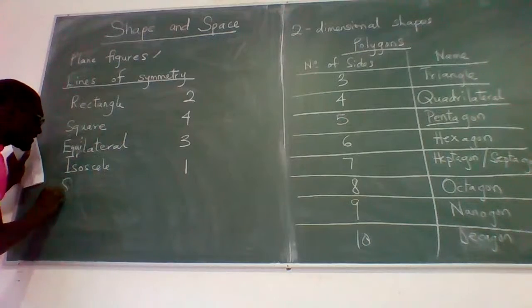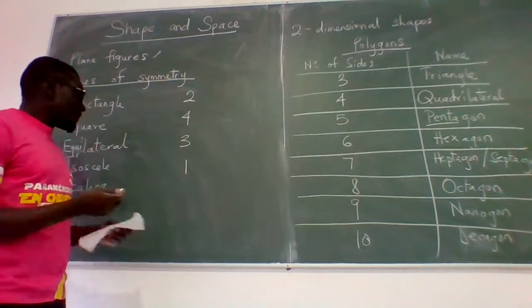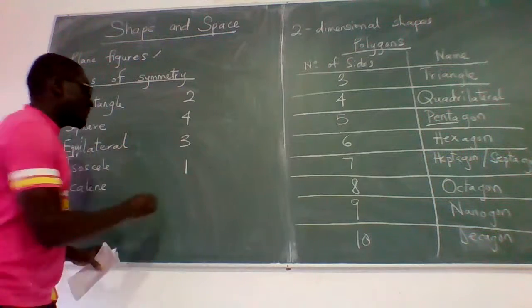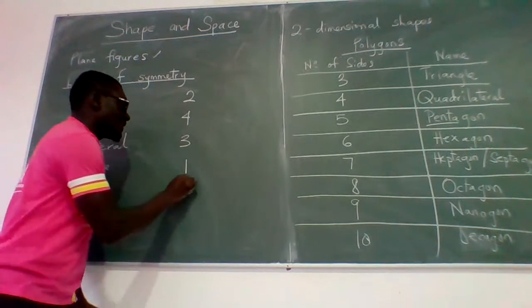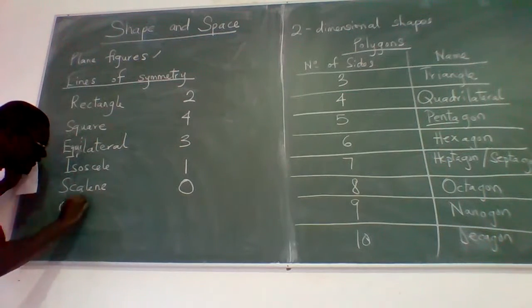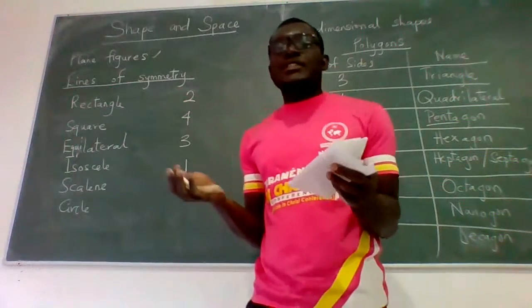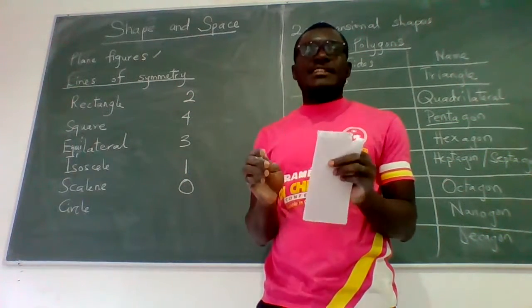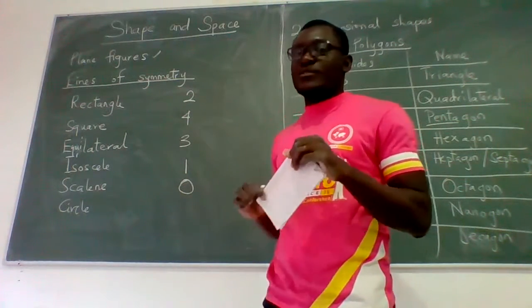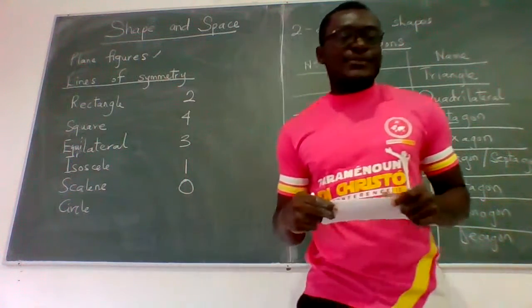And when you take the scalene, which has no sides equal to another side, it means there is no way you can get that. Now, when you take a circle, imagine how many ways can you put one on top of the other such that they lie exactly on top of the other. So we can try guessing for the circle.